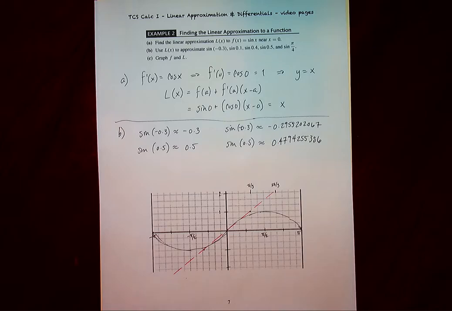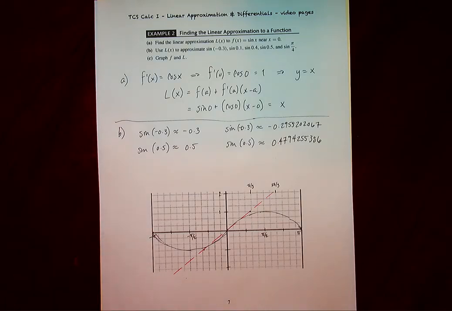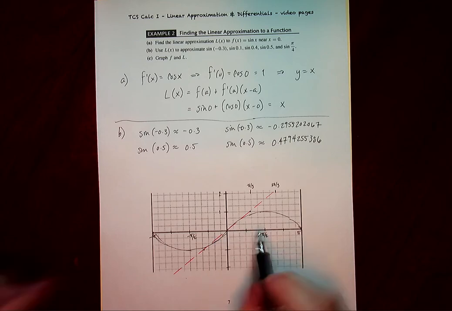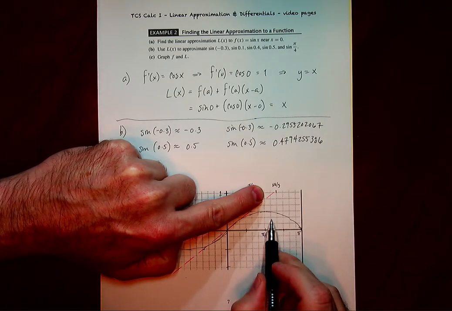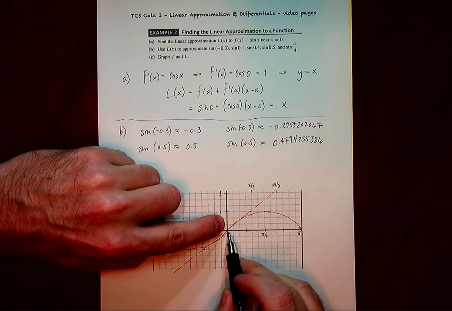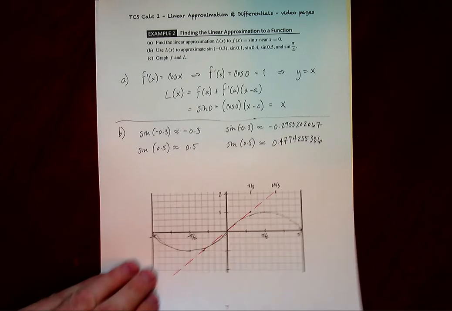And it's a good exercise to actually be forced to graph some of these things, because it does show you in a very visible way exactly how close they are at some points, and of course why they diverge and why values over here are not sufficiently close to the point of tangency to give you a good decimal approximation. Okay. Let's go ahead and flip over to the next page.